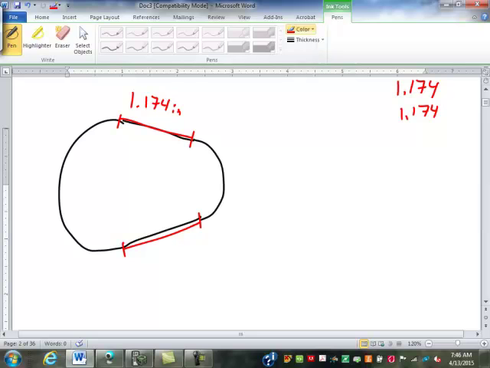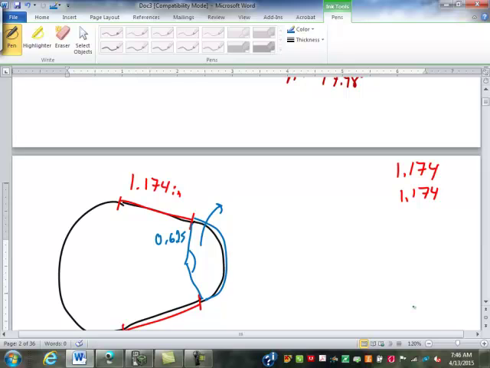Next, I have this arc of this circle. I'm going to draw this in to make it easier for us. I know that this radius is 0.625. Do I know this angle? So 77.98 times 2.